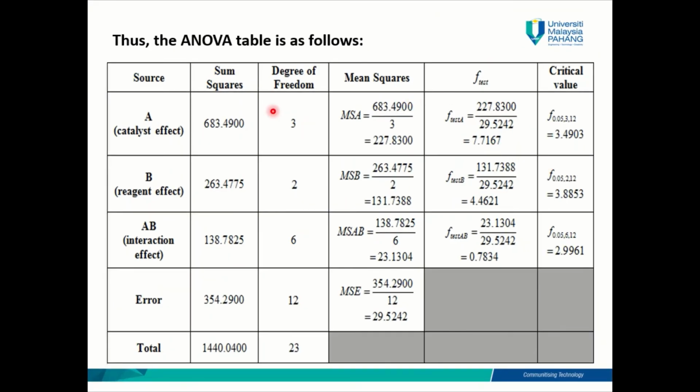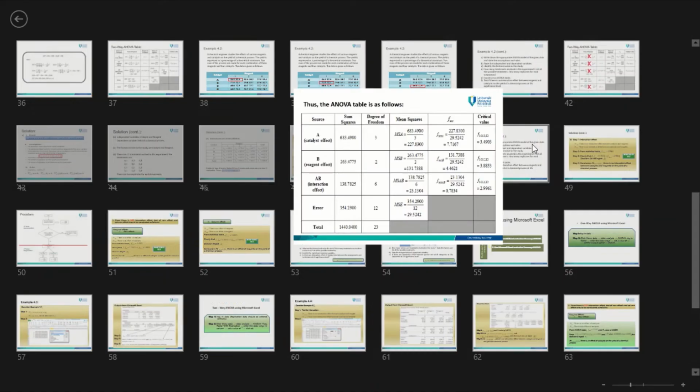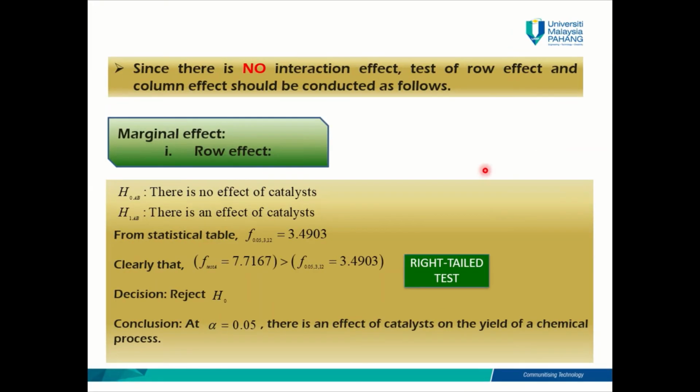Okay, so since we are testing for catalyst, which is factor A, the row effect hypothesis testing uses the first row. In your two-way ANOVA table, you will choose this F test A and this F critical value, 3.4903 and 7.7167. So let's take a look at it again. Here you see, this is the critical value.